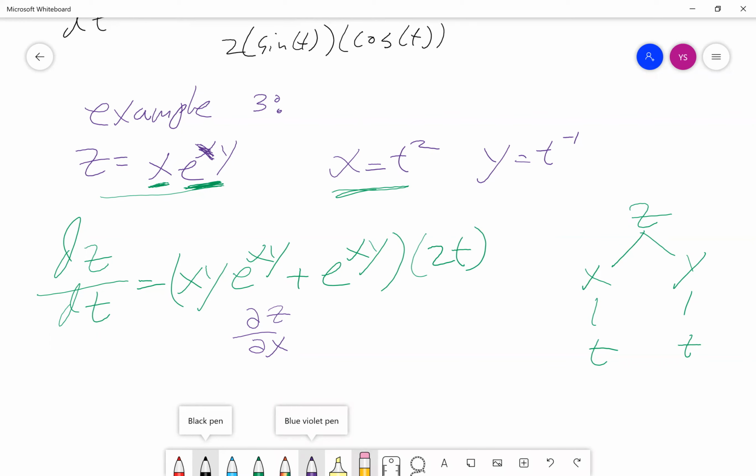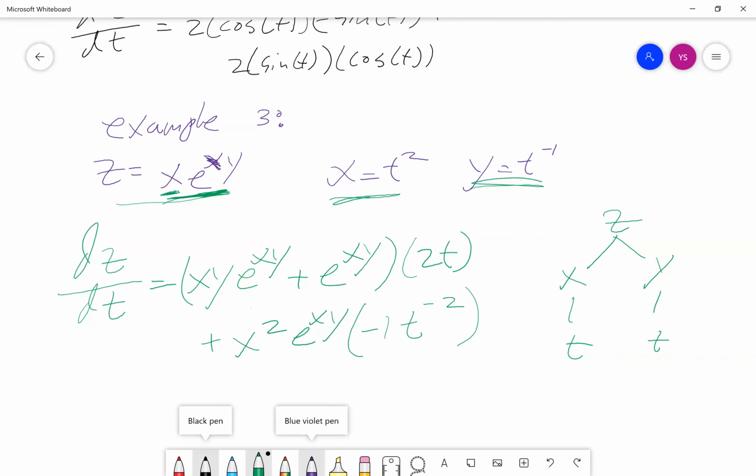And then you add to this whole thing the derivative of this with respect to y, so that is x squared e to the xy, times the derivative of this with respect to t, so that is going to be times -1 t to the -2.